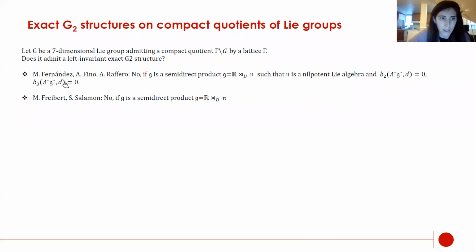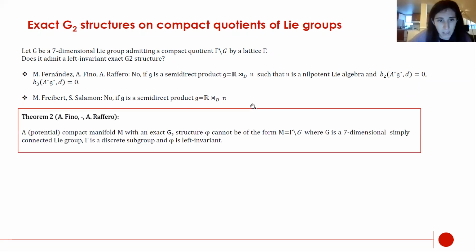Before our theorem, Fernández, Fino, and Raffero proved that the answer is negative if G is a semi-direct product of R with a nilpotent Lie algebra, and such that a further condition holds. And Bazzoni and Salamon proved that the answer is negative in the general case where the Lie algebra was a semi-direct product of R with a nilpotent Lie algebra, eliminating the second condition that the other paper had.